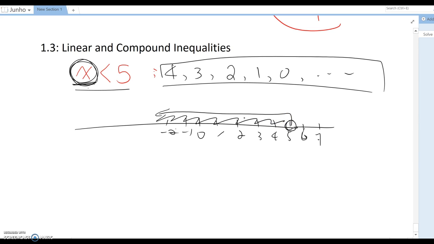But you may notice that I put an open circle here, right? It should be an open set because x cannot be 5. The x value can be really close to 5, such as 4.999, 4.9999999, but it cannot be exactly 5. So we have to open this one here.